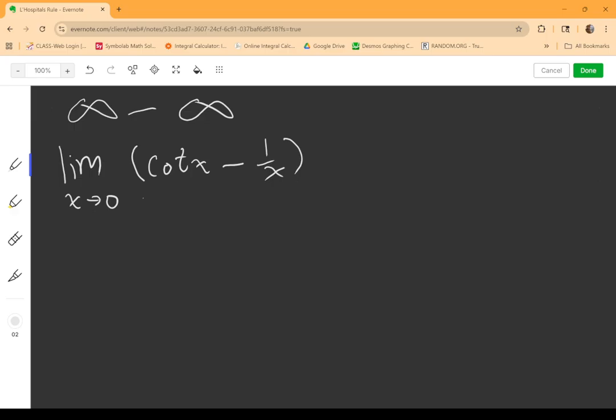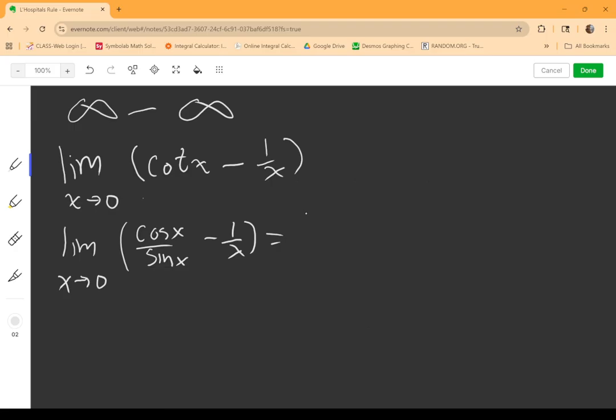Both of these are tending towards infinity, so it's infinity minus infinity. What I'm going to do is combine it. The limit as x goes to 0 becomes cosine x over sine x minus 1 over x.